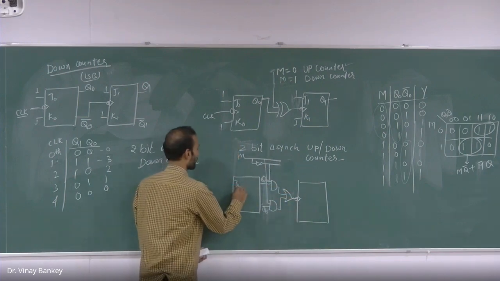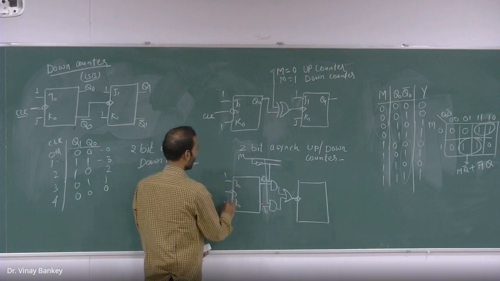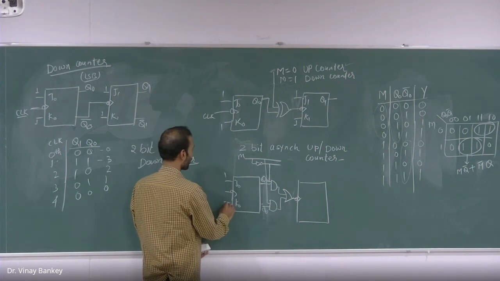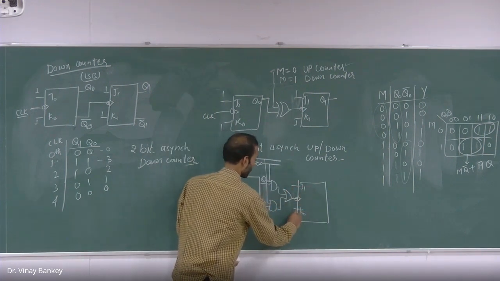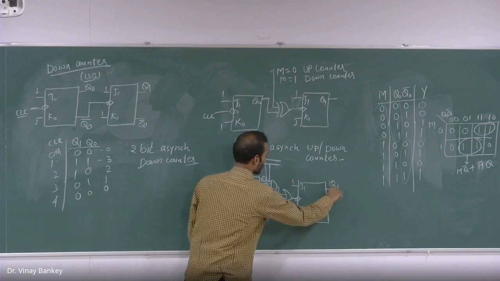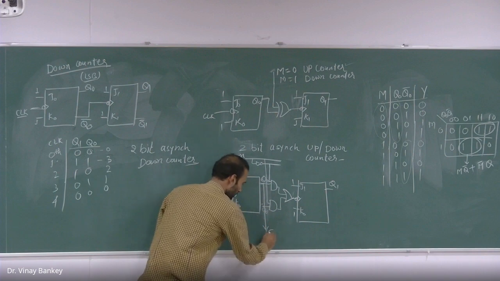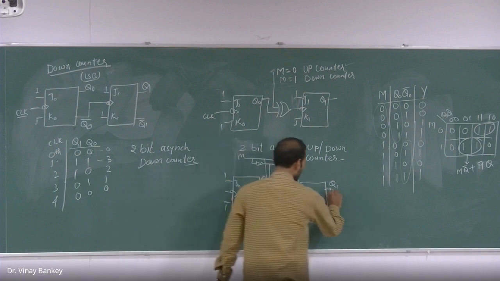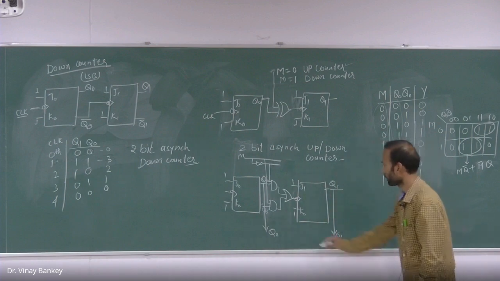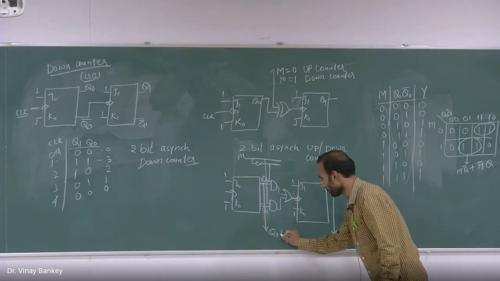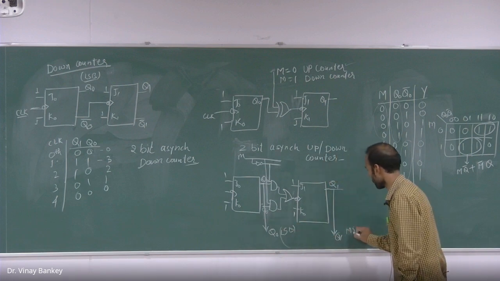Now this circuit will also work as an up-down counter. And what will be the output state? You will be observing this one. This Q0 will be the LSB, and this will be the MSB.